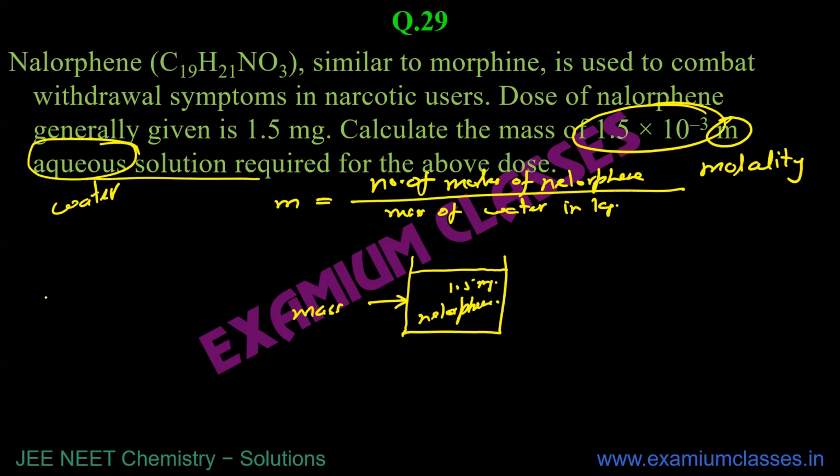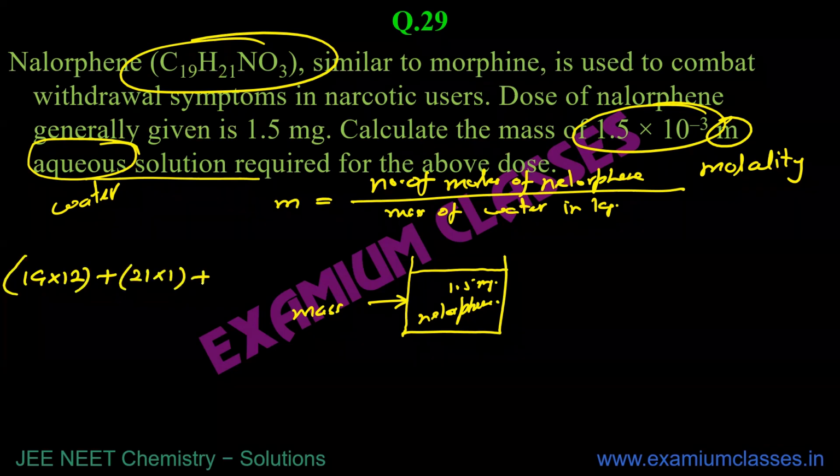If you calculate C19, it will be 19 into 12 plus H21, 21 into 1 plus 14 plus 3 into 16.